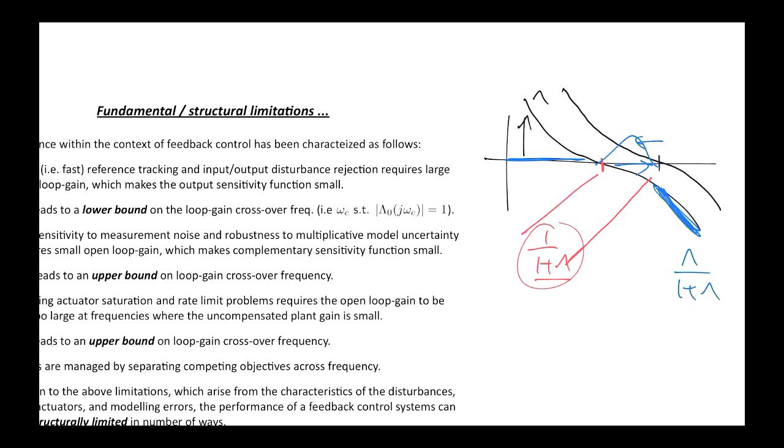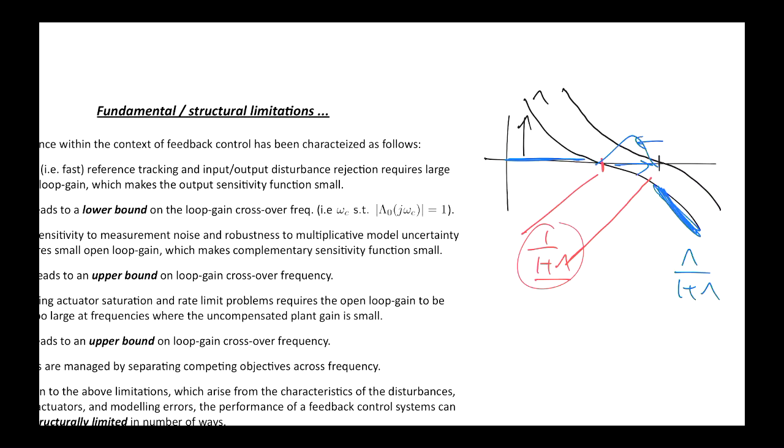And we make the complementary sensitivity function small at frequencies where we need it to be by making the open loop gain small. Okay, so if we know that these things are significant over a range of high frequencies, then it's saying that in order to get T small, we need the crossover frequency to be to the left of some value. Okay, so these lead to an upper bound on the crossover frequency.